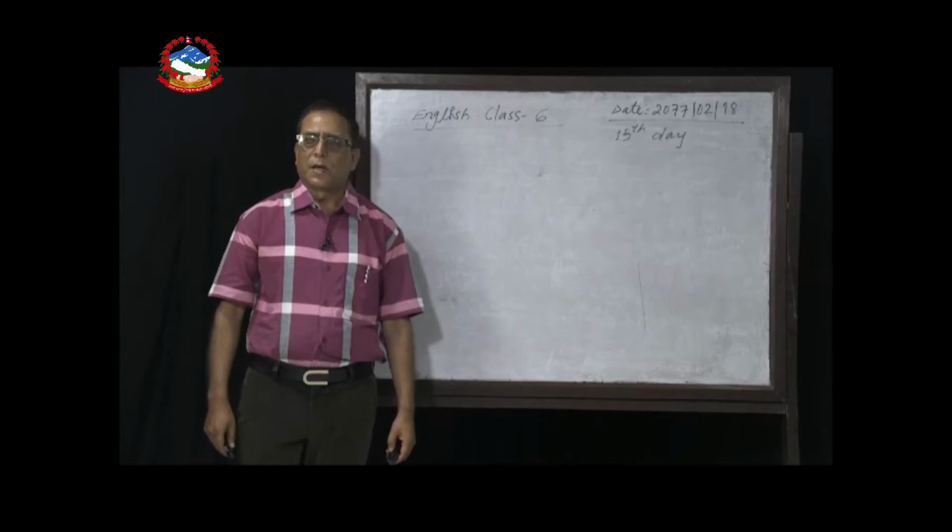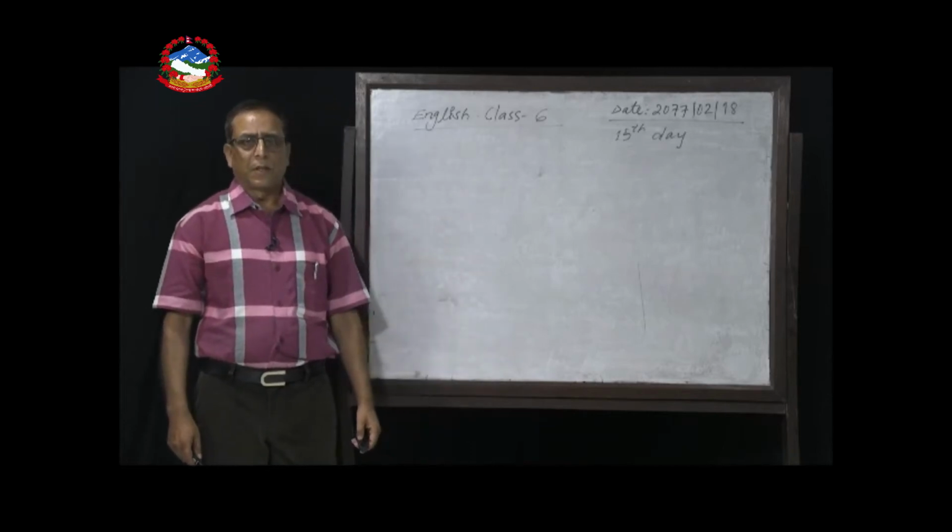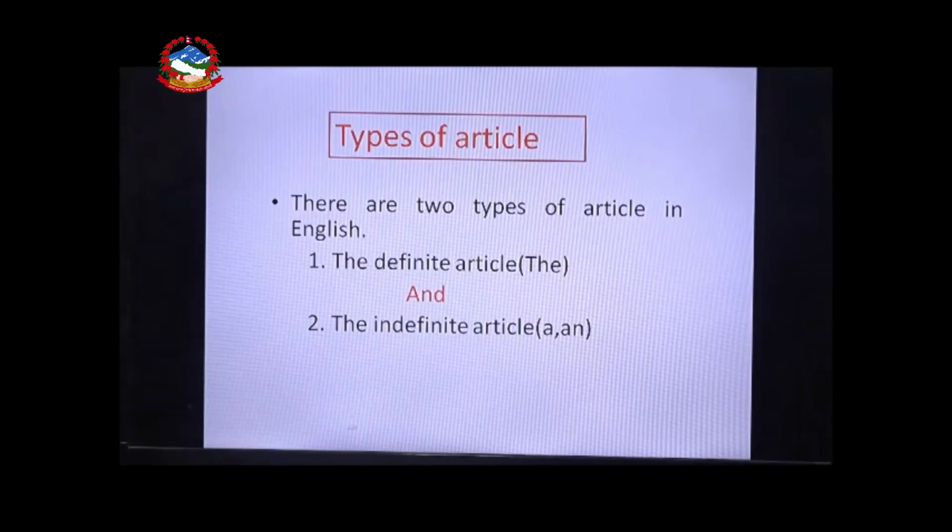Dear students, now let's know the types of articles. My dear students, there are two types of articles in English grammar. Again, be clear, there are two types of articles in English grammar. Number one, the definite article, it is called the.